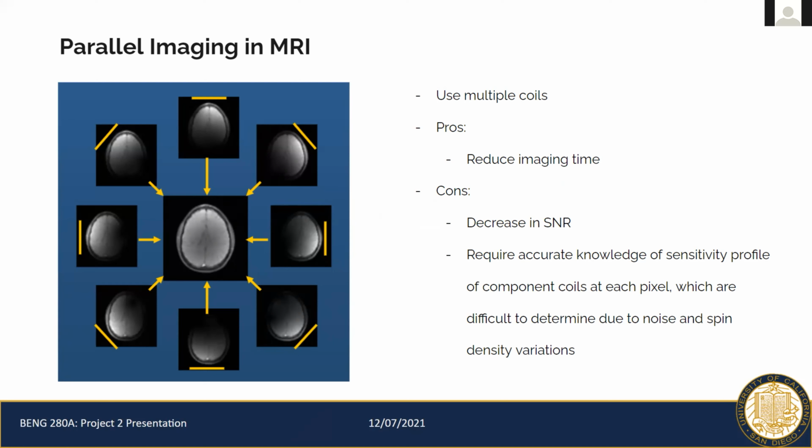The con is that we sometimes have a decrease in SNR depending on the method we use. And some methods, including SMASH, SENSE, or GRAPPA, all require really accurate knowledge of the sensitivity profile of each component coil at the location of each pixel, which is really difficult to determine.